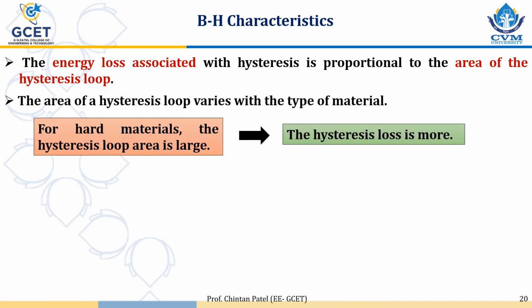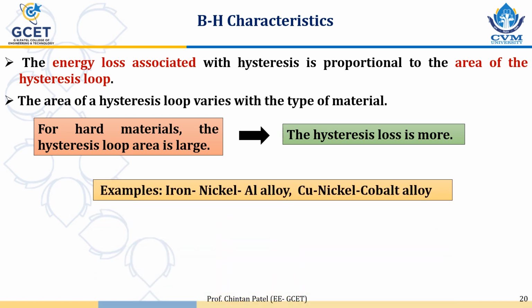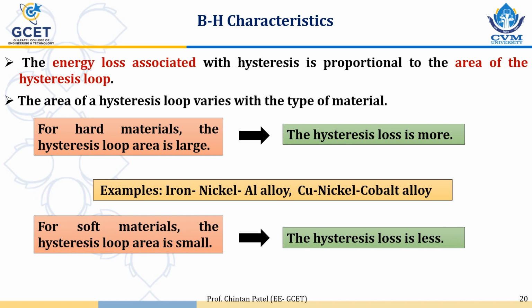For example, for hard materials, the hysteresis loop area is large, and because of that the hysteresis loss is more. The examples of hard materials are iron, nickel, aluminum alloy, copper, nickel, cobalt alloy. For soft materials, the hysteresis loop area is narrow, smaller, and because of that the hysteresis loss is less.